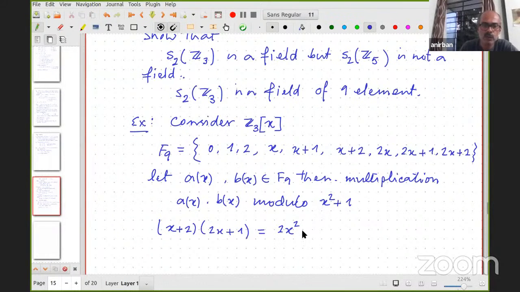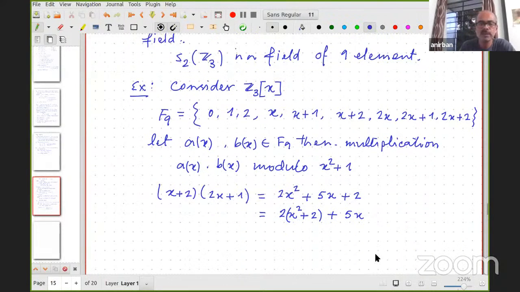So 2x square, and then the x term would be 4 plus 1, 5, and constant is 2. So this is 2x square plus 2, and then you have 5 of x.